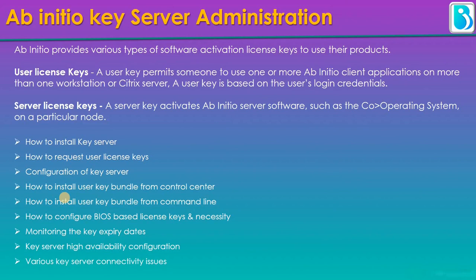A user key permits someone to use one or more ab initio client applications on more than one workstation or Citrix server. A user key is based on the user's login credentials, and the next category is server license keys. A server key activates ab initio server software such as the cooperating system on a particular node.